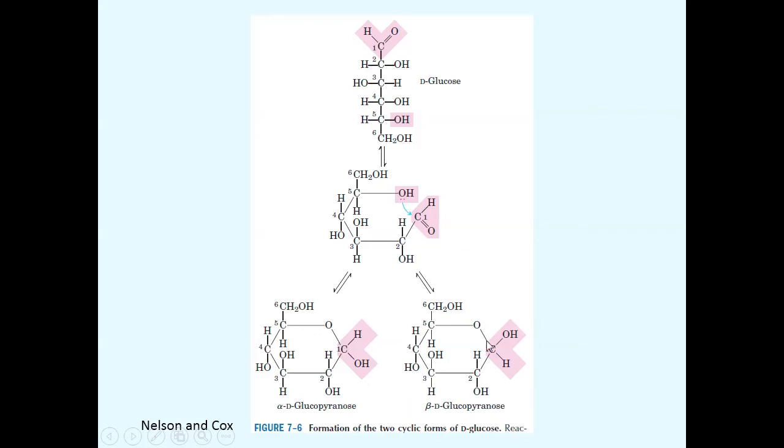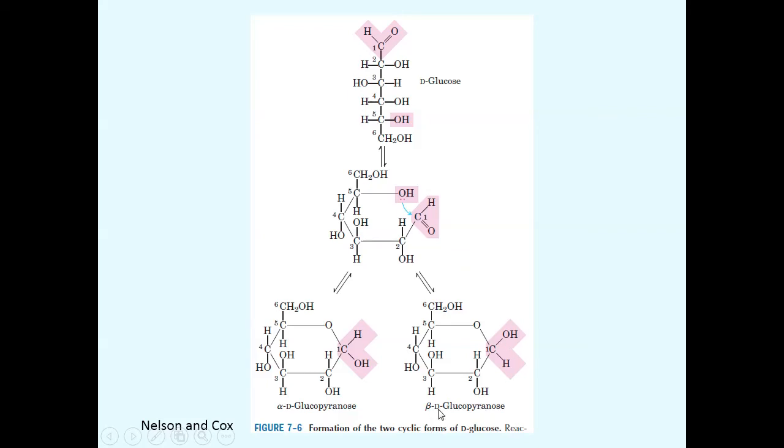When sugars undergo cyclization, both alpha and beta anomers are possible. As shown in this representation, if the hydroxyl of the anomeric carbon projects below the plane of the ring, it is the alpha anomer. If it projects above the plane of the ring, it is the beta anomer.